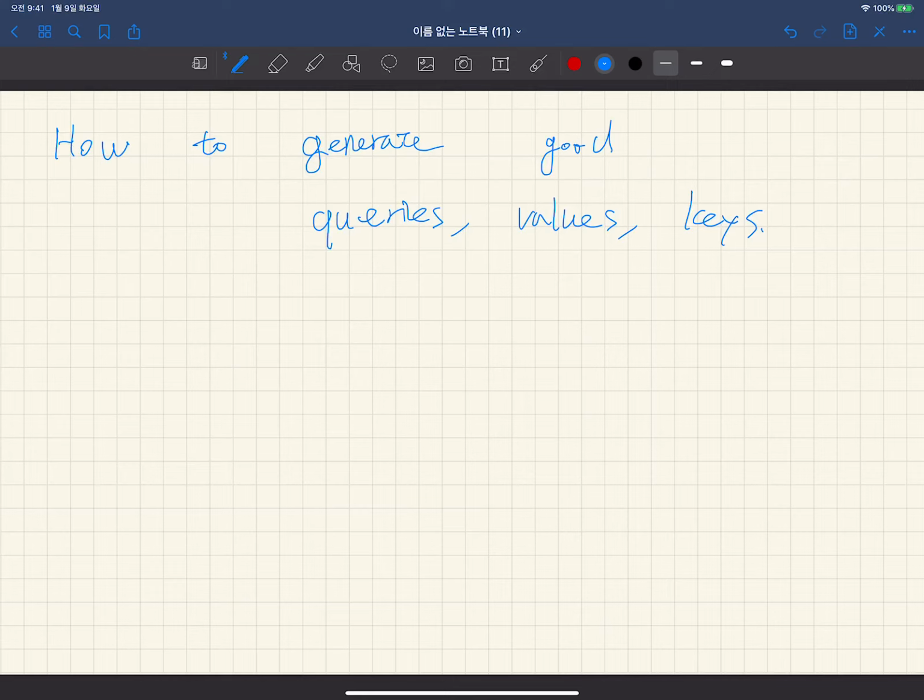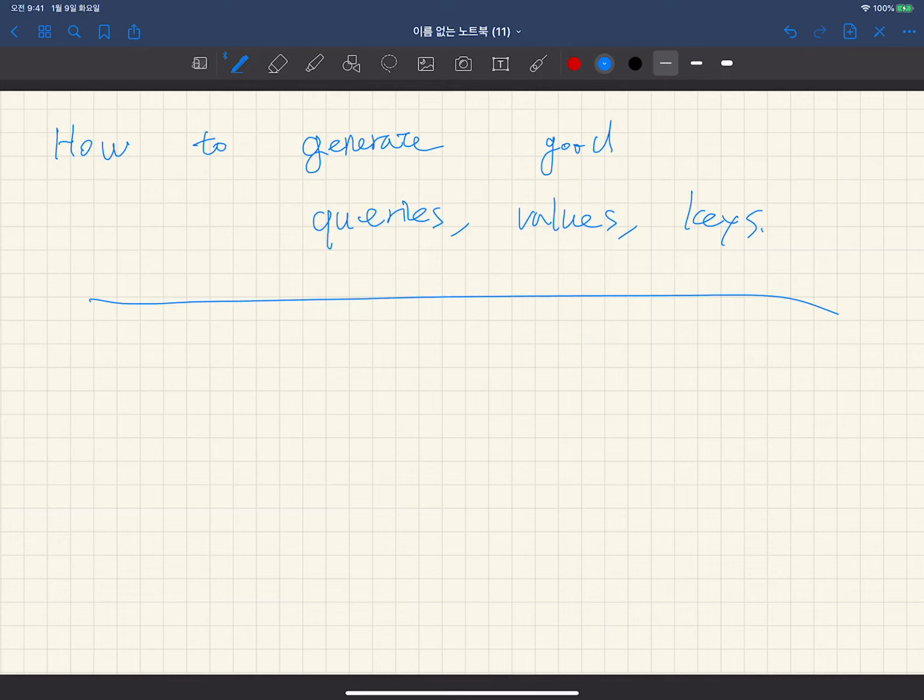So how to generate good queries, values, and keys is a really important question, and that is the most important part to get nice performance with your self-attention mechanism.